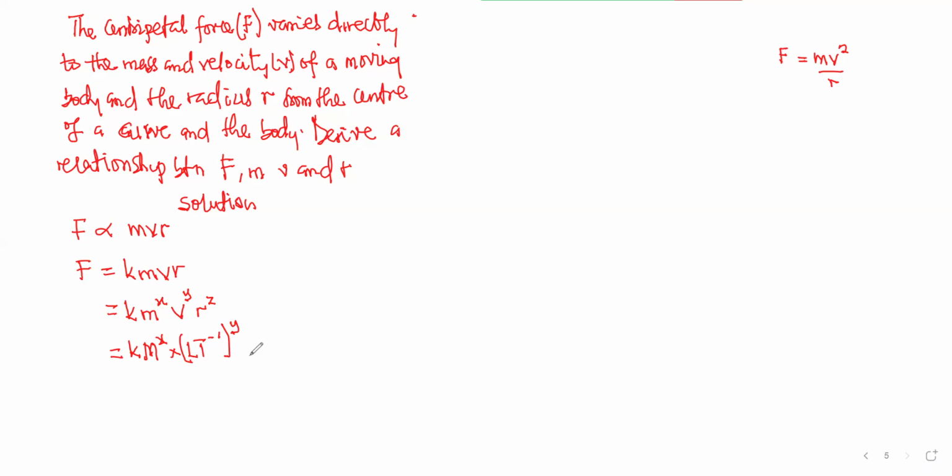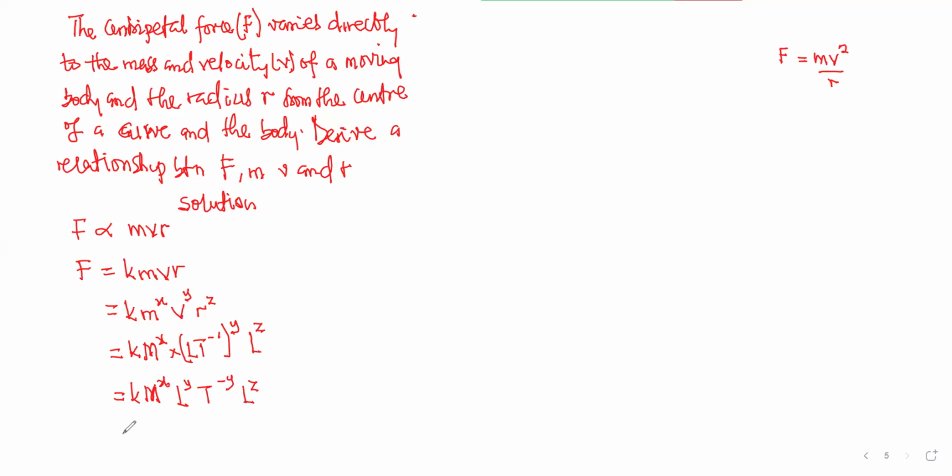What's the dimension of radius? It is L. Whether radius, height, or length, the value is still the same. So those within the bracket must be affected by the exponential power. So L exponent Y, T exponent -Y, L exponent Z.